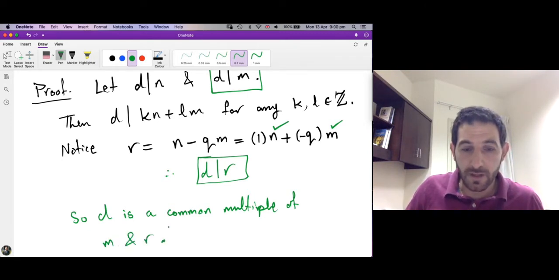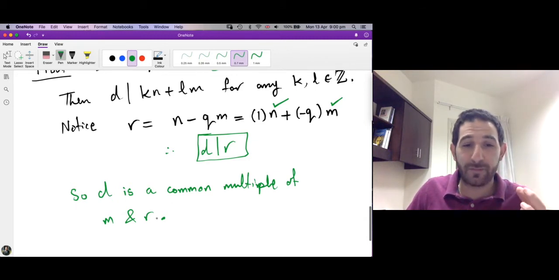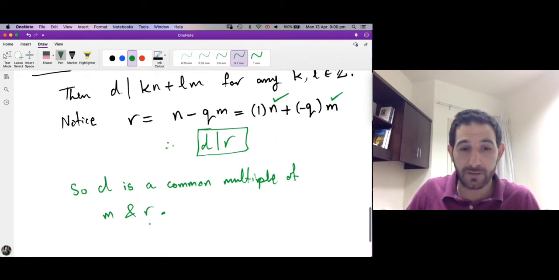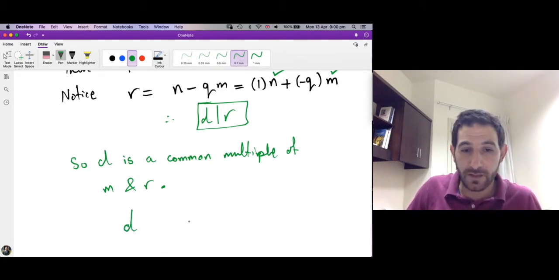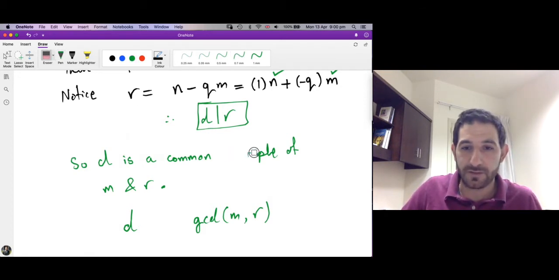Now, what is the relation between d and the greatest common divisor of m and r? So here we have d and here we have the greatest common divisor of m and r. Now d is a common, sorry, not a common multiple, a common divisor.